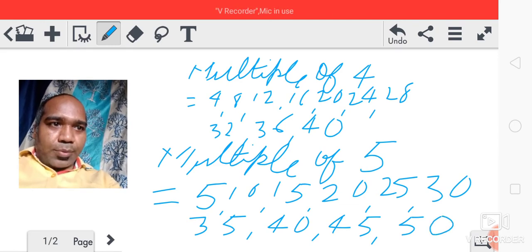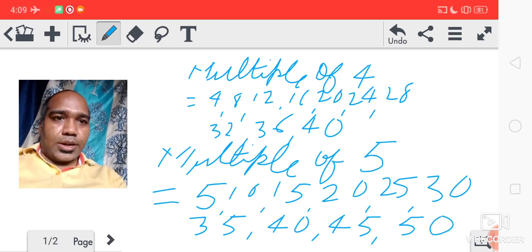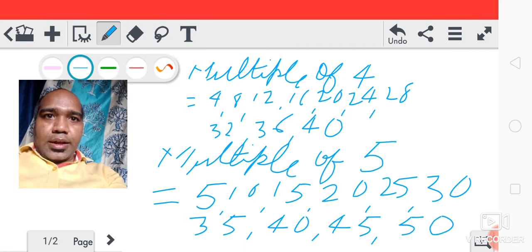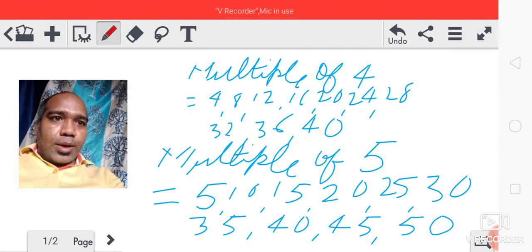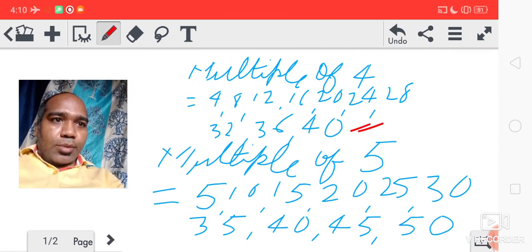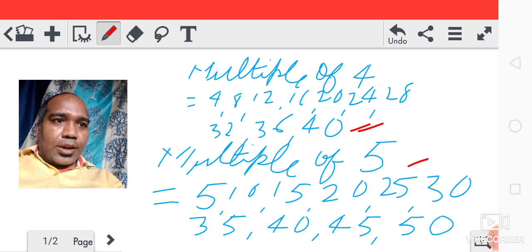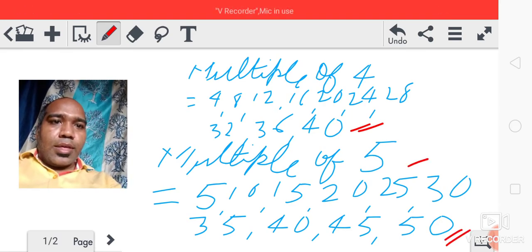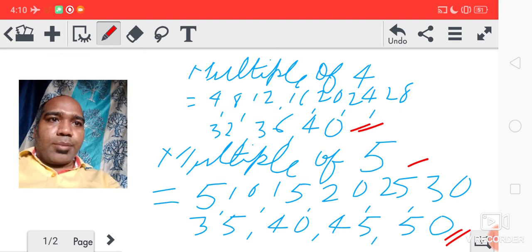So 10 multiples of 5 we have written. Okay, 10 multiples of 4 we have written up to 40, and 10 multiples of 5 we have written up to 50. Okay, now common multiple we have to write.